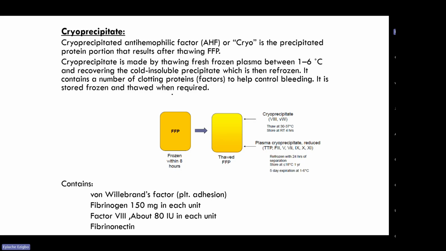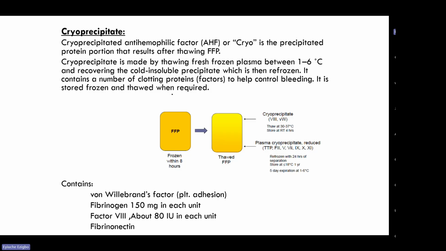It contains a number of clotting proteins to help control bleeding. It is stored frozen and thawed when required. You can see the process here. It's already a fresh frozen plasma. Then we thaw it at between 1 to 6 degrees centigrade in a cold environment, and then harvest the cold insoluble precipitate.